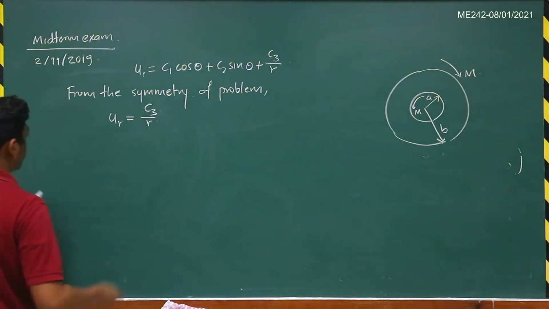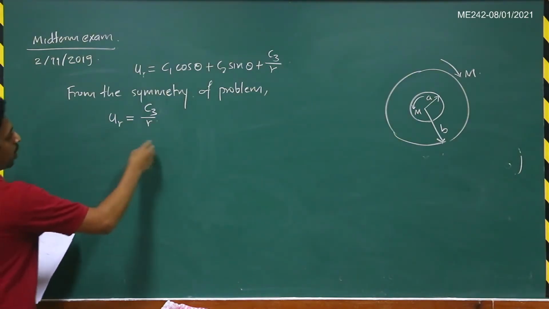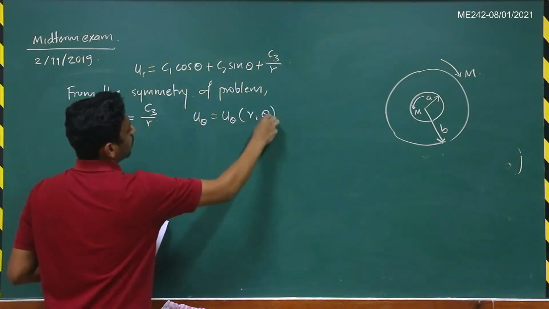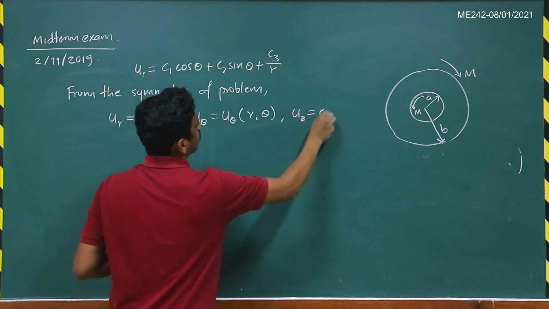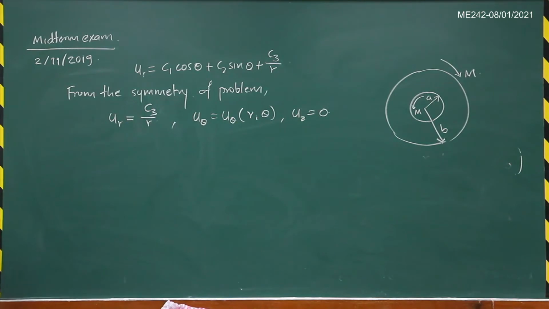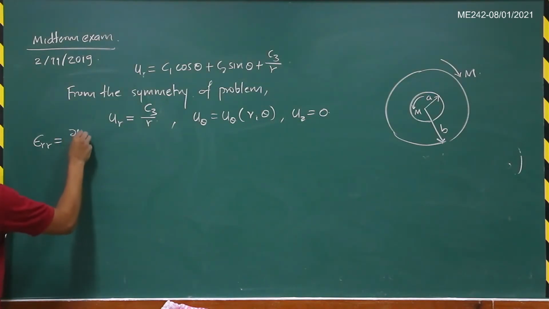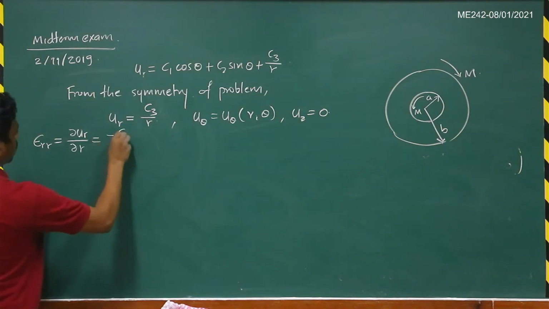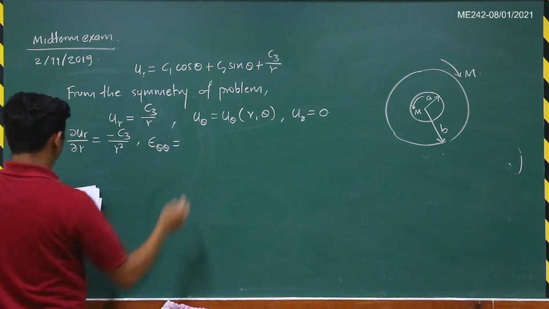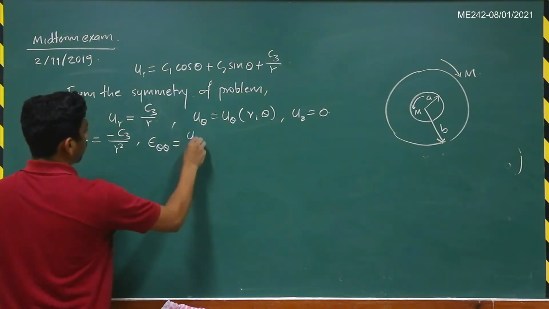So from this we now have only C3. u_theta in general can be a function of r and theta, and u_z we have assumed to be 0. Now we use the strain-displacement relation to find the strains. So epsilon_rr, which is the derivative of u_r with respect to r, equals minus C3 by r squared. Epsilon_theta theta equals u_r over r.